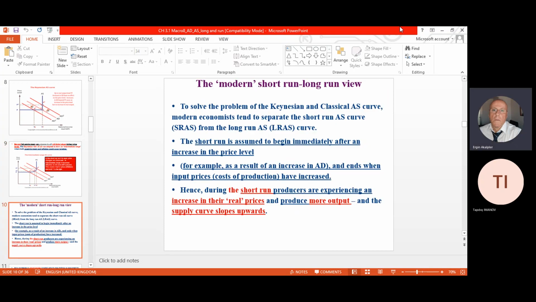The modern short run and long run view is, of course, a little bit different. To solve the problem of the Keynesian and classical aggregate supply curves, modern economists tend to separate the short run aggregate supply curve and the long run aggregate supply curve. The short run is assumed to begin immediately after the increase in the price level.